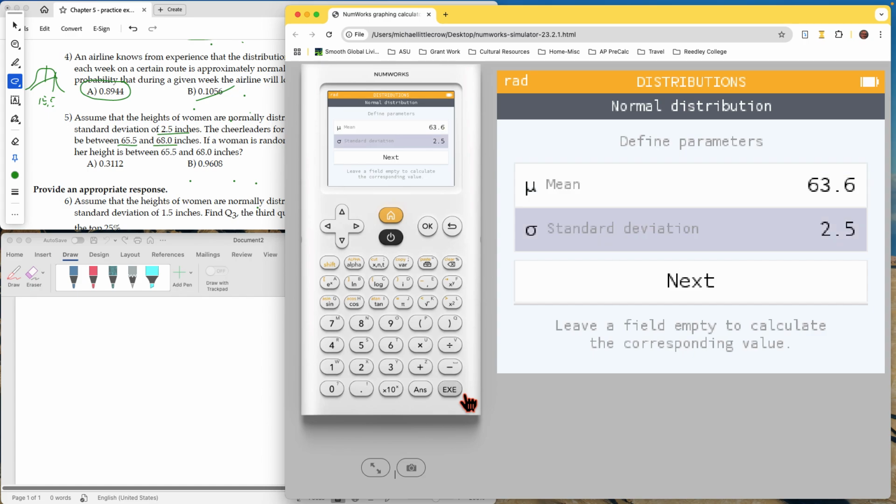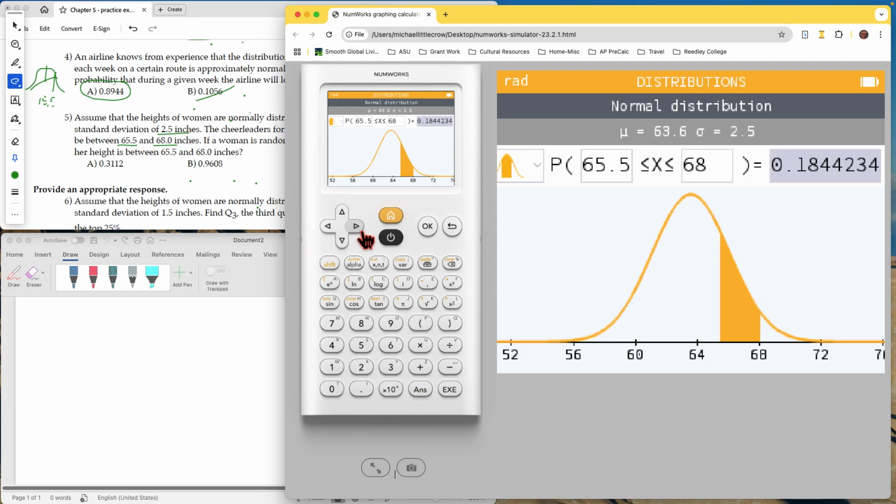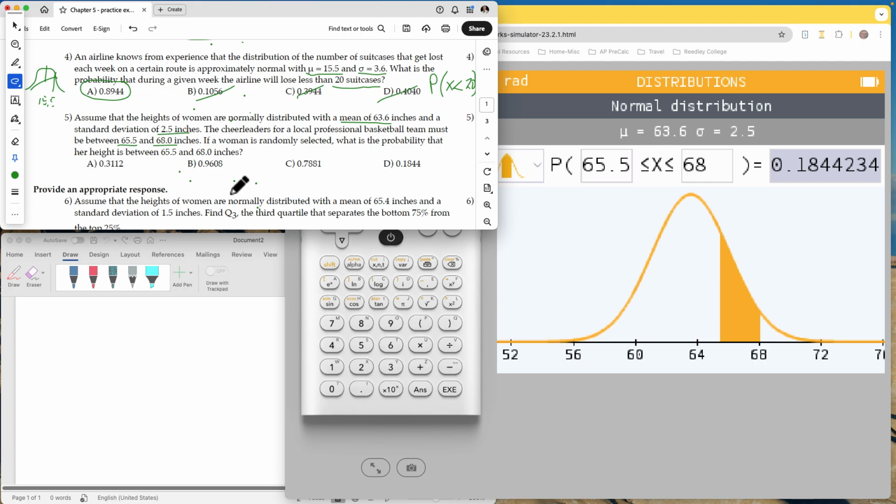That makes a difference. And we're going to see. Now I go back, get my between, and I want it between 65.5 and 68. Even a little decimal off can cause some problems, so 0.1844. There we go. That's looking better.